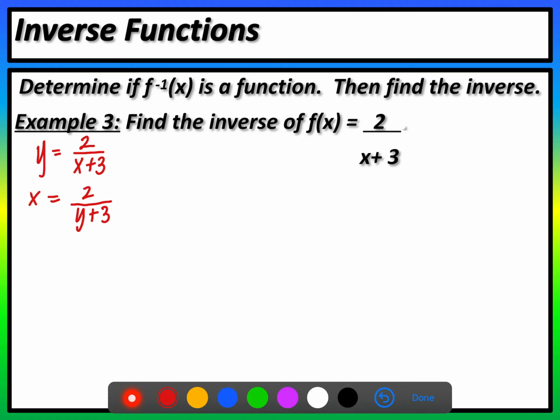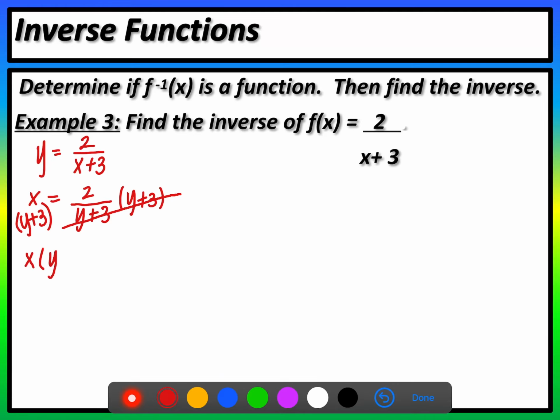All right, so I'm trying to solve for y, which means I want to get the y by itself, but since it's in the denominator, I can't really do anything on the right side of the equation, so I'm going to multiply it to the other side so that this one cancels.